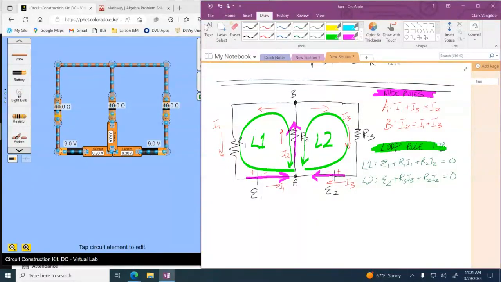They're all 10. We know the voltage values. They're both 9. If we just look at this, this equation has 1, 2, 3. This one has 1 and 2, and this one has 3. Yay. That's really all you need to have your system of equations.